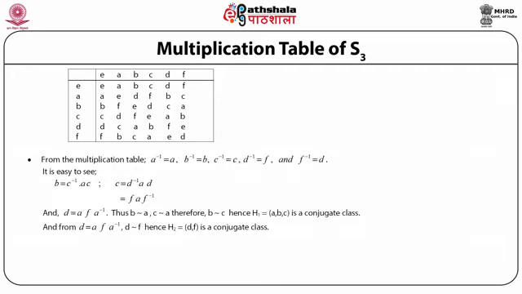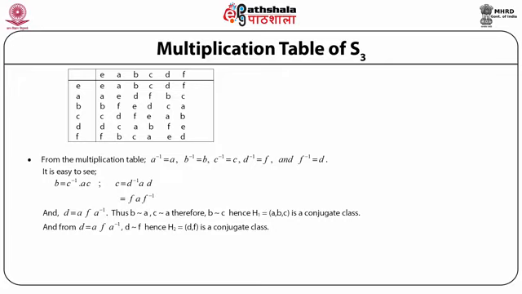From the multiplication table, we easily see that A inverse is equal to A, B inverse is equal to B, C inverse is equal to C, D inverse is F, and F inverse is D. Therefore, B can be easily seen to be equal to C inverse AC. That means B is conjugate to A. C can be seen to be equal to D inverse AD.